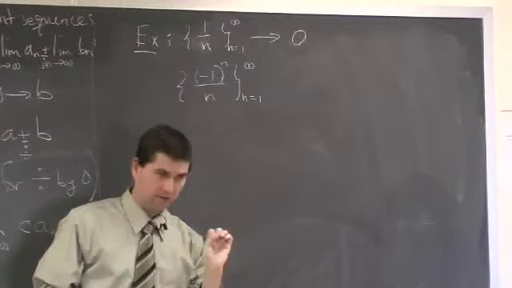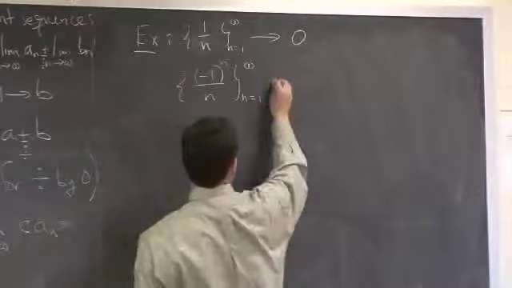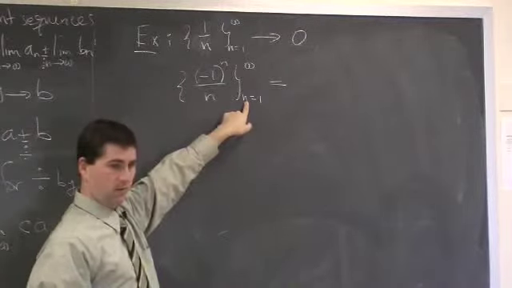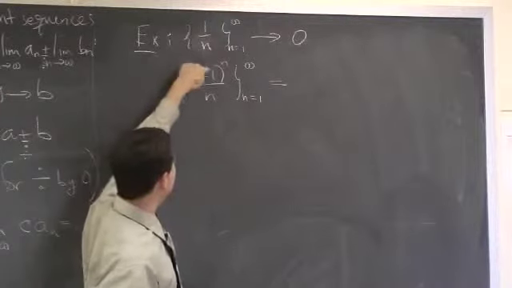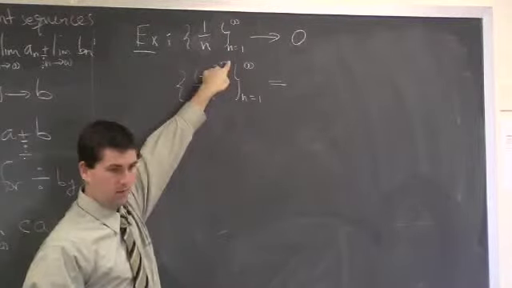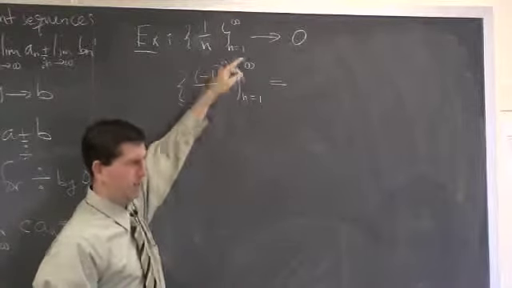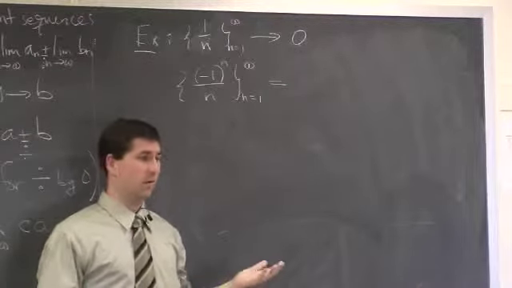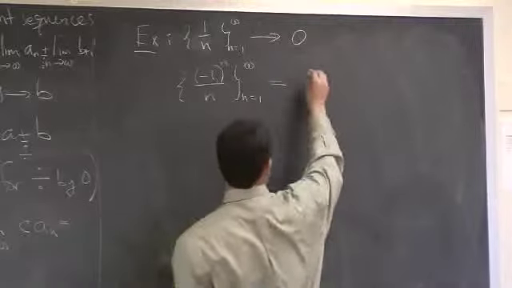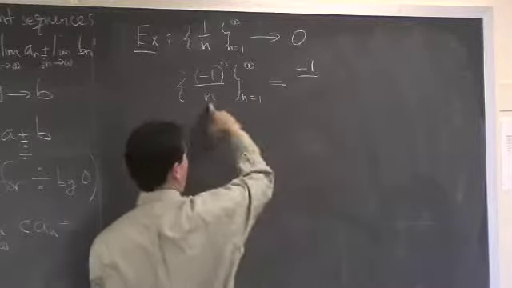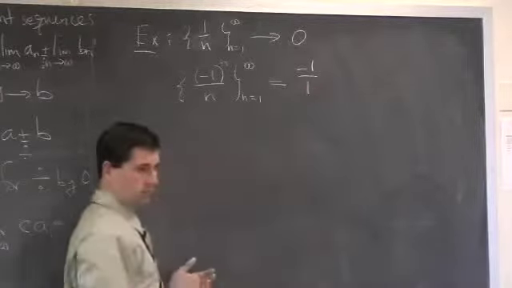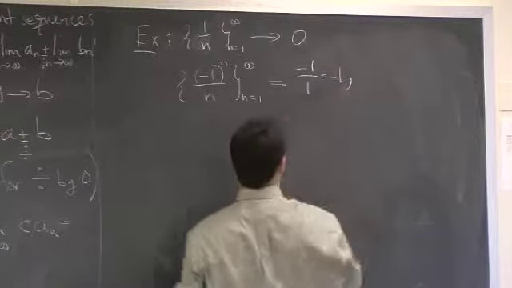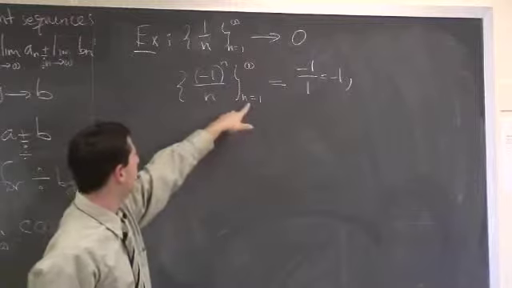Okay, well, let's write down some terms in this sequence. The first term is when n equals 1. When n equals 1, you get minus 1 to the first power. What's minus 1 to the first power? It's just minus 1, right? Raising to the first power doesn't do anything. So you get minus 1 over 1, or minus 1. Okay, what about when n equals 2?